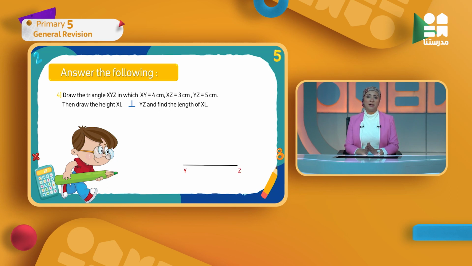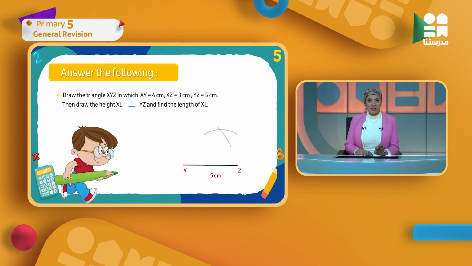Then I get my compass and my ruler. I stretch the arms of my compass on 4 centimeters to draw XY. Then I put the sharp tip of my compass on the point Y, and I draw my arc. Then I'll move to the other side, which is XZ, which is 3 centimeters. I stretch the arms of my compass on 3 centimeters, fix the sharp tip of my compass on the point Z to draw my other arc, meeting the first arc at a point.